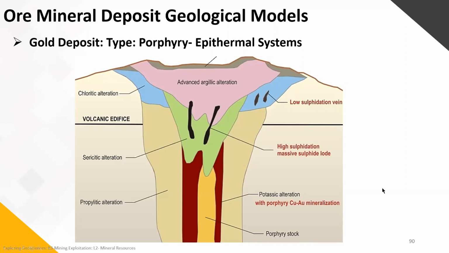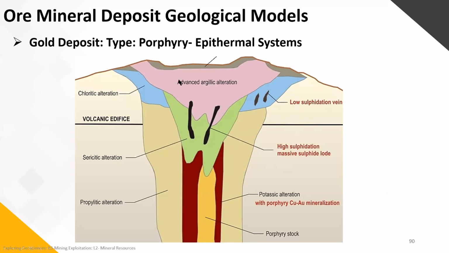These epithermal systems, as seen here, are a good example also to see above a porphyry stock or porphyry copper mineralization, which is formed at depth. As we go higher, we have our epithermal high sulfidation, and then on the lateral extents, we have our low sulfidation veins.